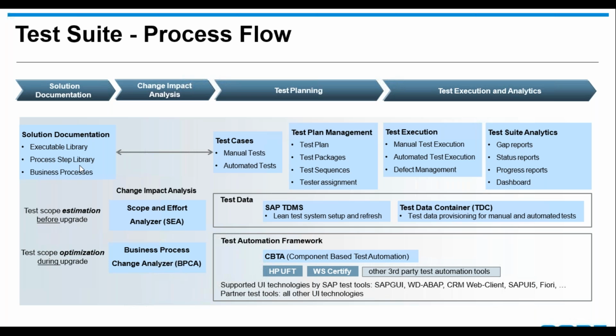In 7.2, we looked at that some at a high level in the previous webinar. Mainly for what we're doing with testing, there's the executable library, process step library, and then the business processes. In our previous webinar, we went through test cases and test planning, test execution, and analytics. Today we're going to cover change impact analysis.